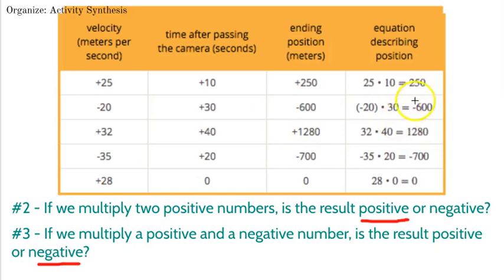So if you're talking about adding negative 20 to itself 30 times, negative 20 plus negative 20 plus negative 20, keep going until you get all those negative 20s, the answer is going to be negative 600. So whenever you multiply a positive by a negative, you always end up with a negative. Positive times a positive is always positive.